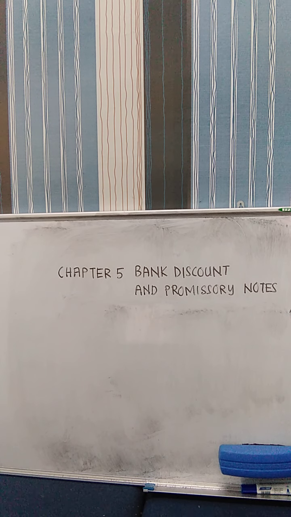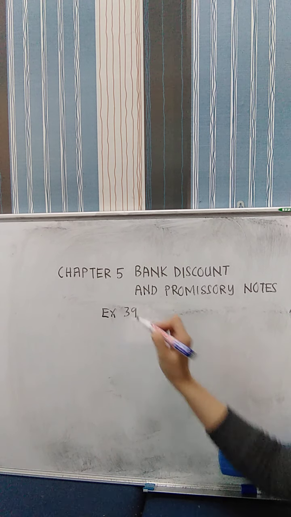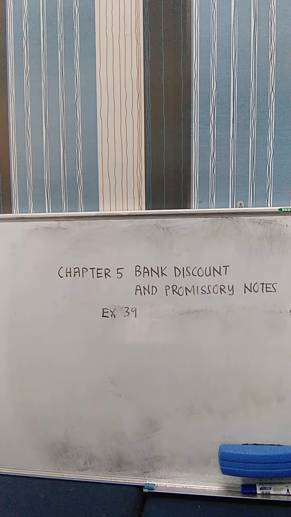Okay, so continue to the next example, example 39. A promissory note dated 22 February 2019 reads: 3 months from date, I promise to pay RM1,000 with interest at 9% per annum.